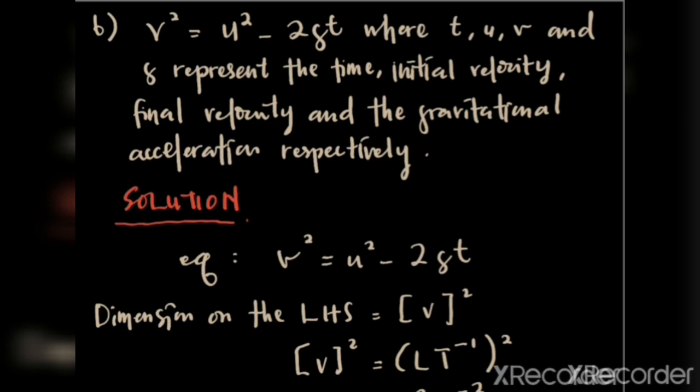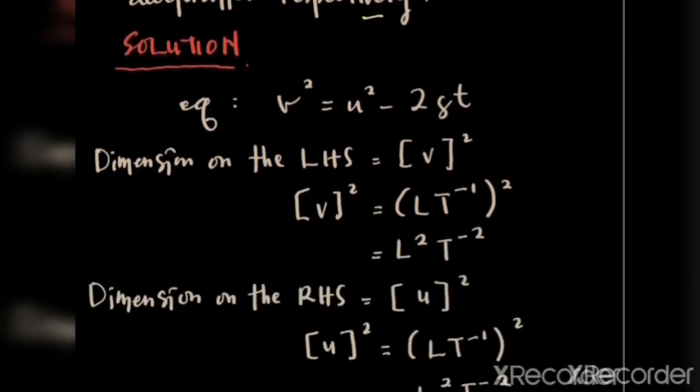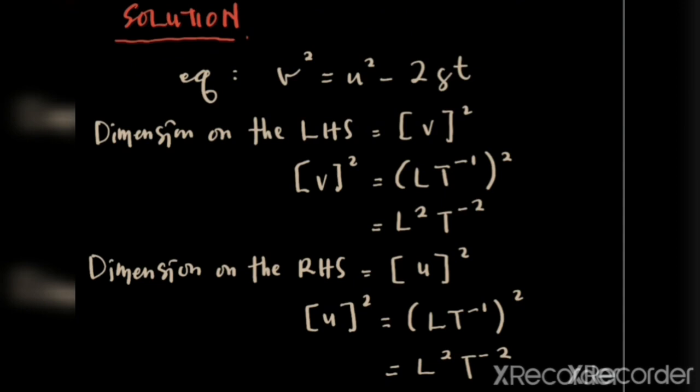For question B, we have v² = u² - 2gt, where t, u, v, and g represent the time, initial velocity, final velocity, and the gravitational acceleration respectively. As the solution, we have the equation v² = u² - 2gt.